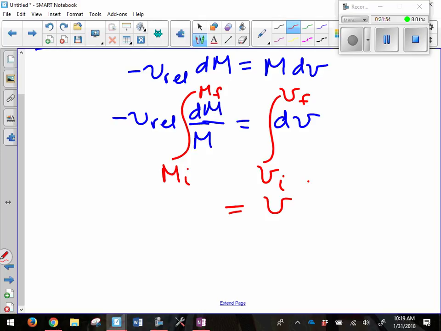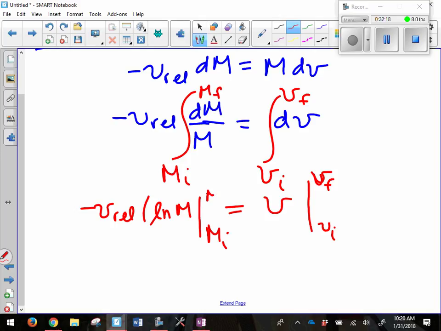So it's going to be v evaluated between some v initial and v final. The tricky one, what's the antiderivative of 1 over m? Natural log. So it's going to be the natural log of m evaluated between some m initial and m final.